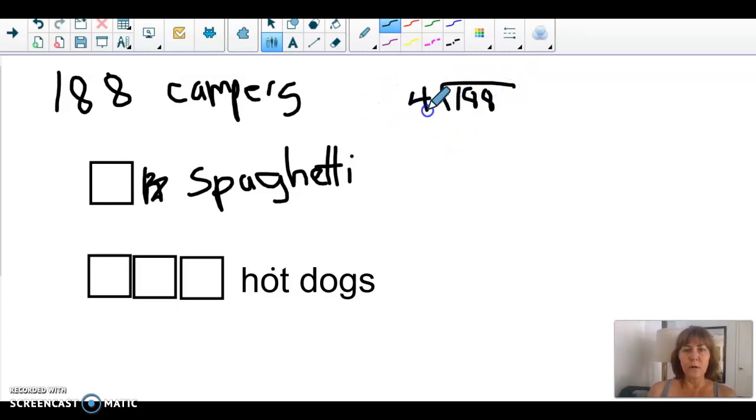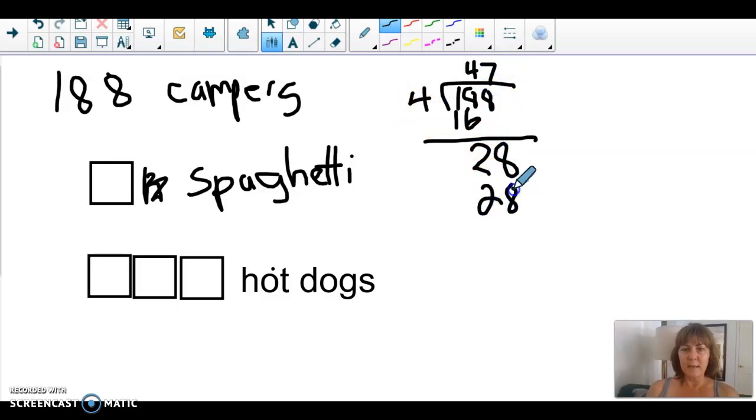Divide by 4. 4 goes into 18 4 times. 4 times 4 is 16. 28. 4 goes into 28 7 times. 28. 0. So spaghetti has 48 campers who wanted spaghetti, and hot dog people had this many people.